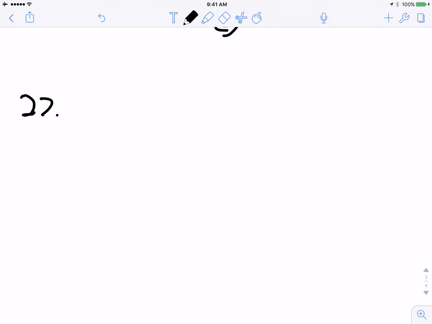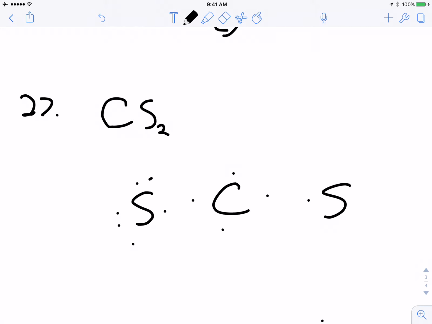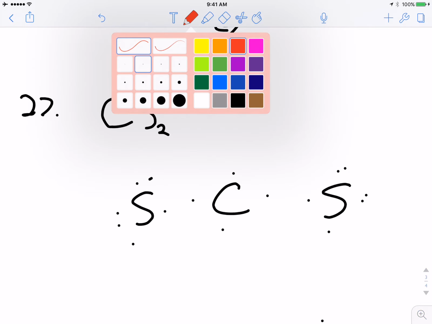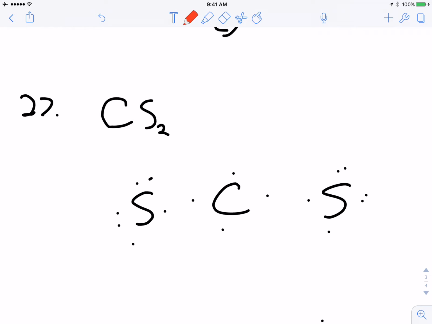27. CS2. Well, carbon has 4 valence electrons. Sulfur has 6. And then another sulfur has 6. Now watch what I'm going to do. First I'm going to do my single bonds.